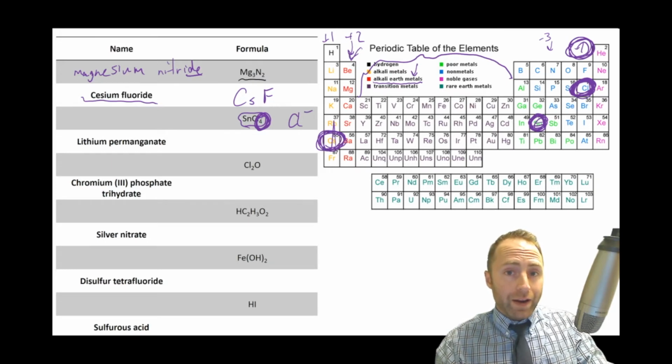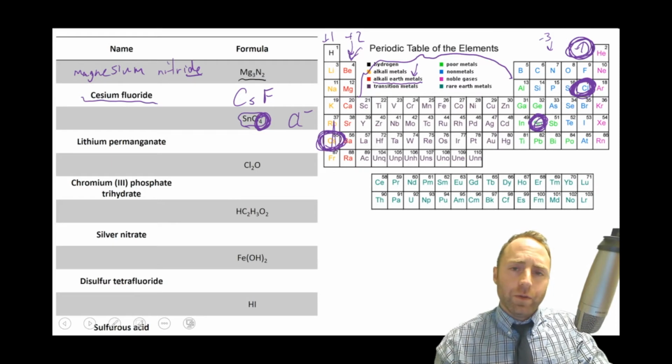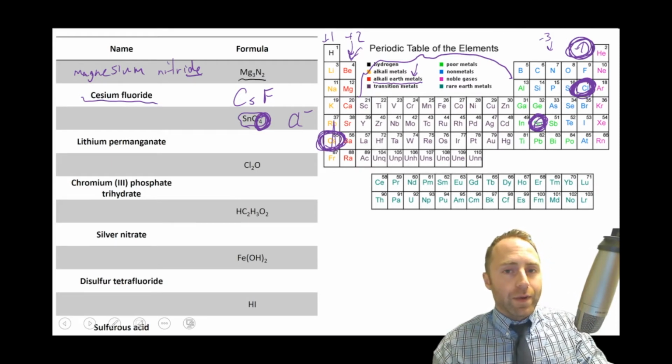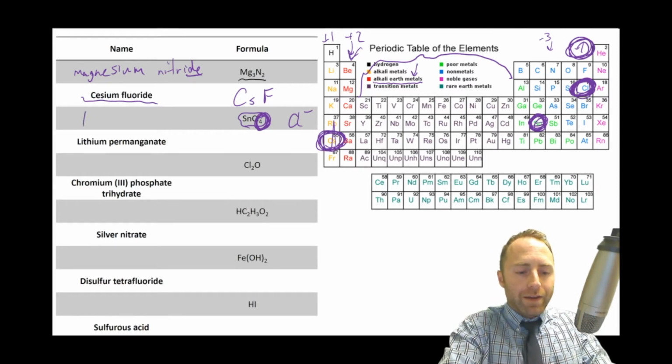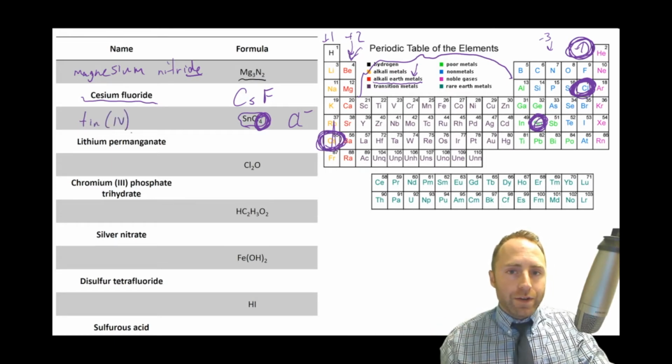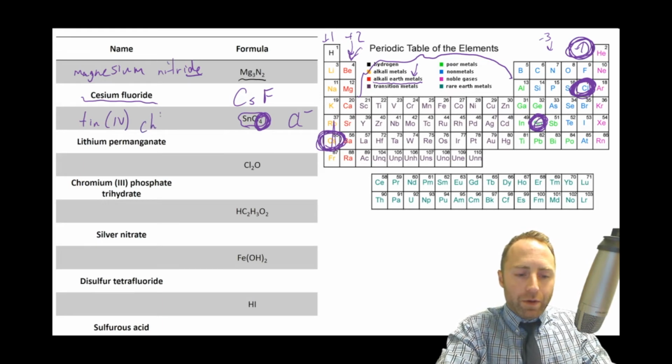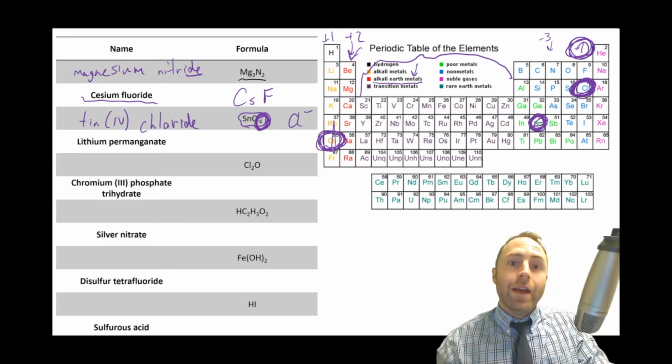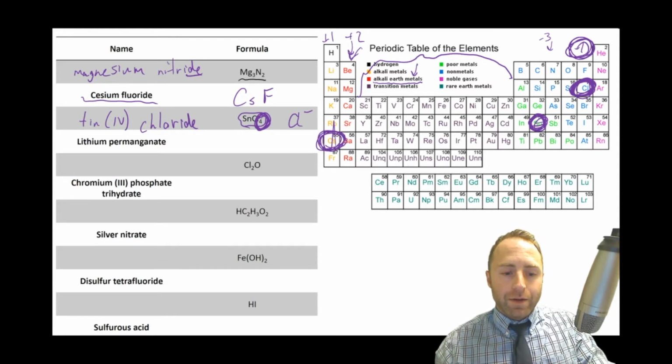Well, we had 4 negative ones, so now we have to have a +4 for the tin. There's only the single tin atom there, because we have no subscripts. So we've got tin(IV). Don't forget your Roman numerals. And we have our chloride. Again, take off the INE ending, put the IDE.